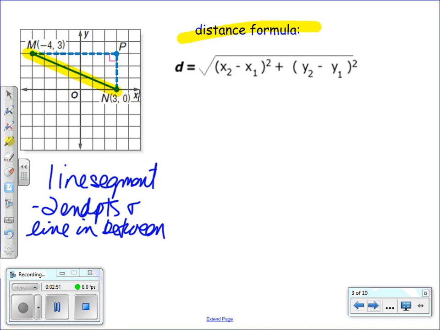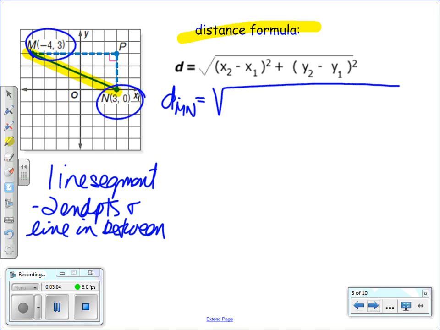The way we do that is we find the distance of MN. So we have 2 points. We have this point and we have this point, right? So we have x sub 1, y sub 1, just like we labeled before, x sub 2, y sub 2. Same kind of labeling as we've used before on slope. So this formula is x2 minus x1.